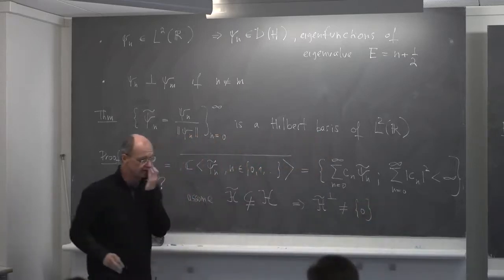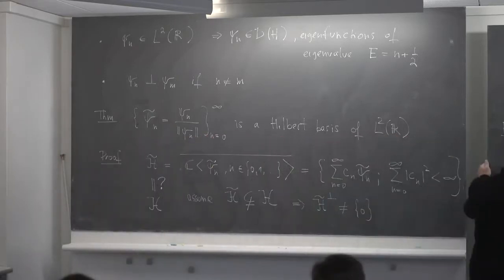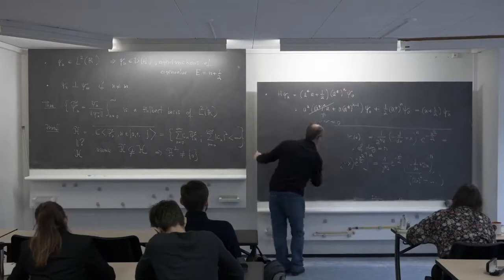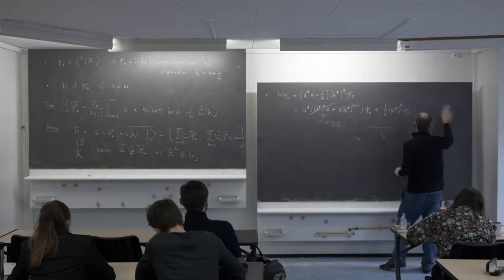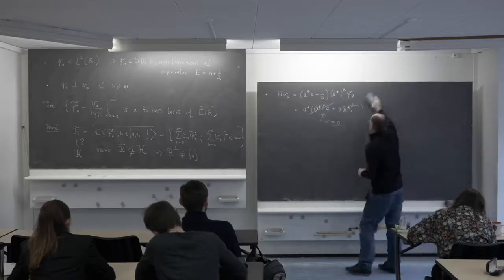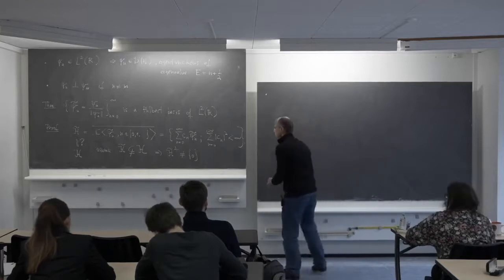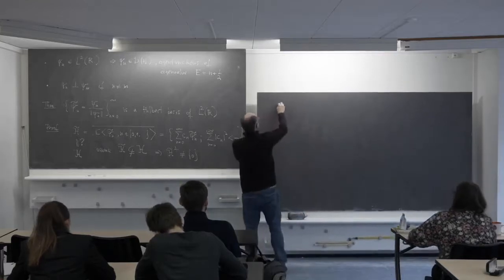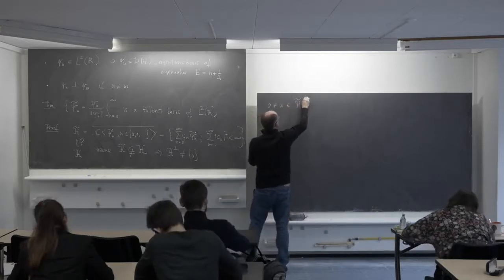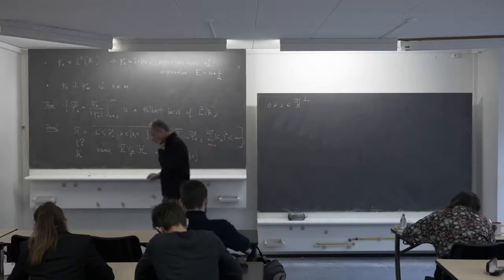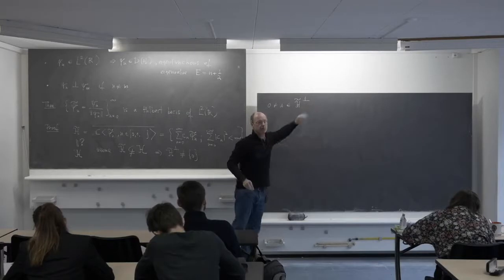So there are some vectors which are orthogonal to everything. So let's take a non-vanishing element in this H tilde perp.